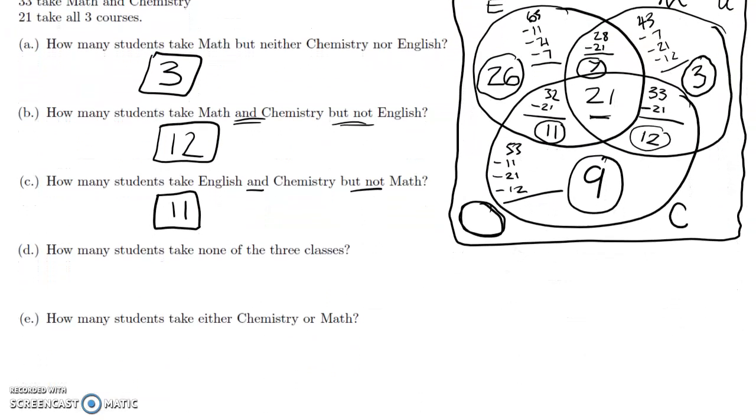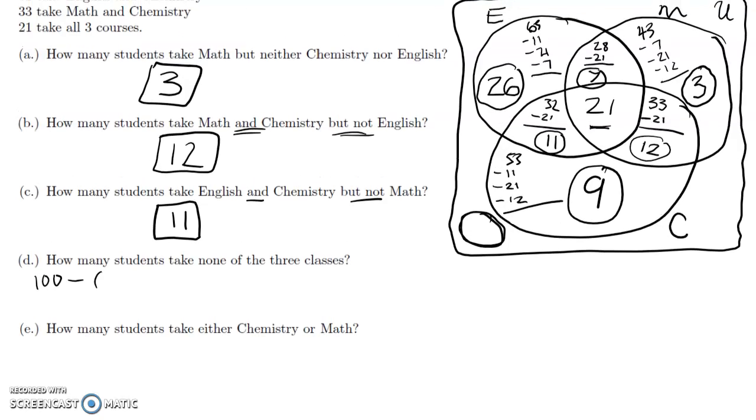And then we're going to try to figure out what we need to take away from it. So we really need to do that total of 100. And then we need to subtract off all of these numbers that we've counted. So anything in any of the circles. So we need to subtract off 26, 7, 3. And I'm going to write this a slightly different way than I did on the other one, because sometimes it just helps you to think about it right.